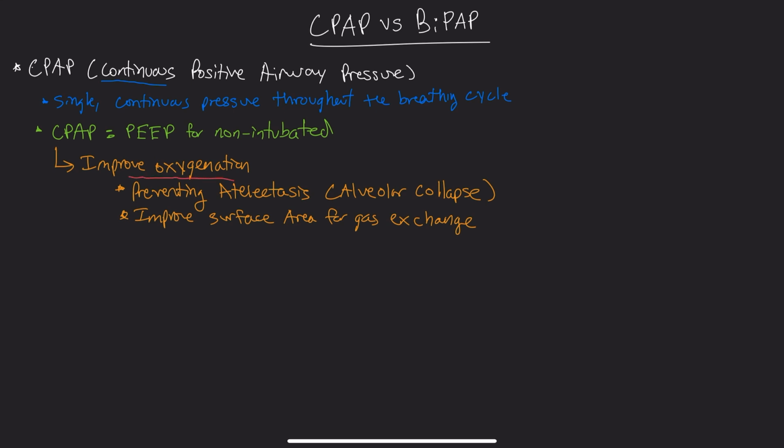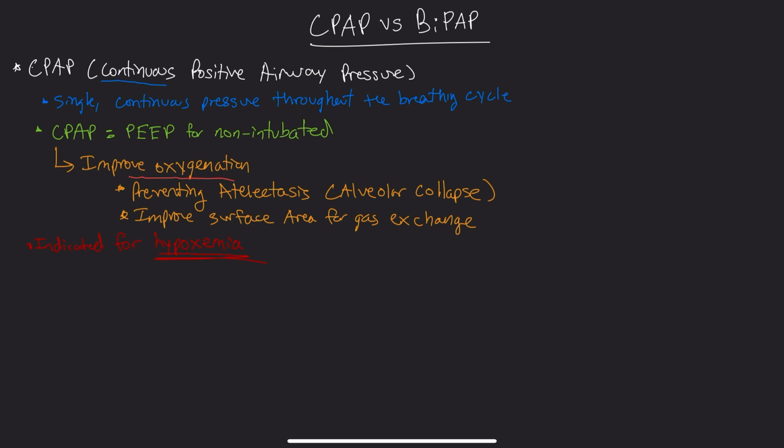So with CPAP, generally this is going to be indicated, if it's improving oxygenation, for hypoxemia, right? Low levels of oxygen in the blood.